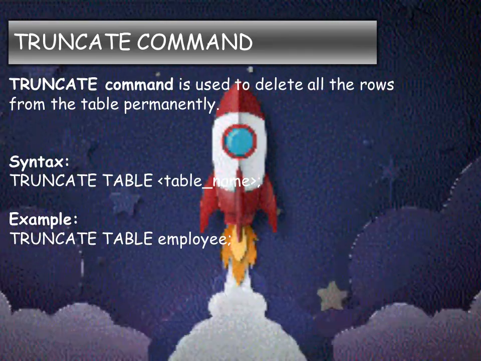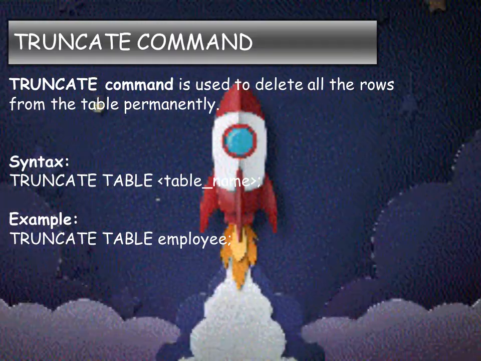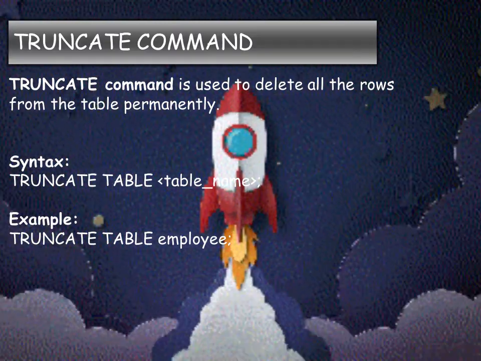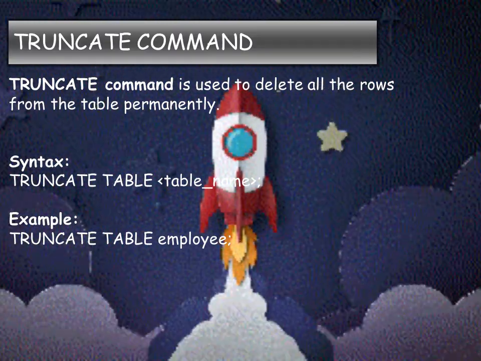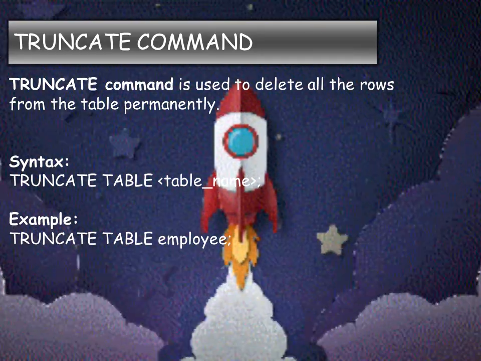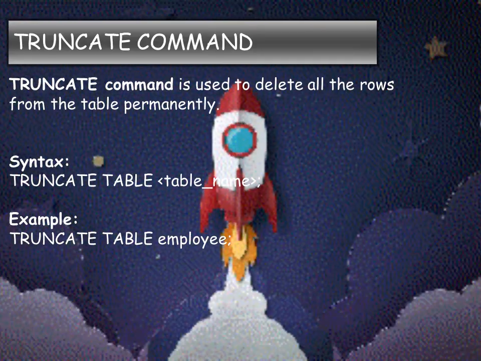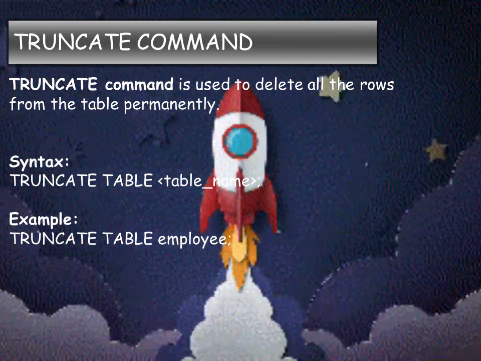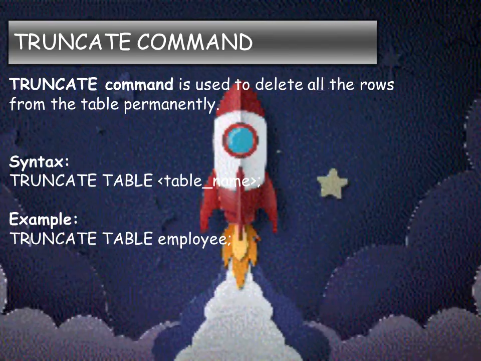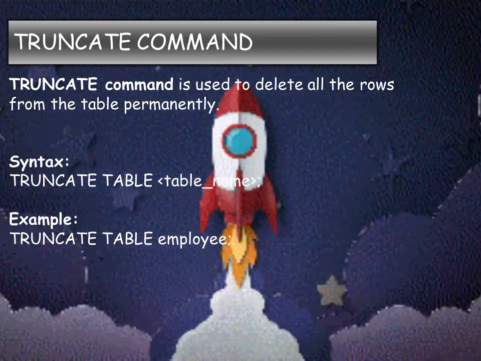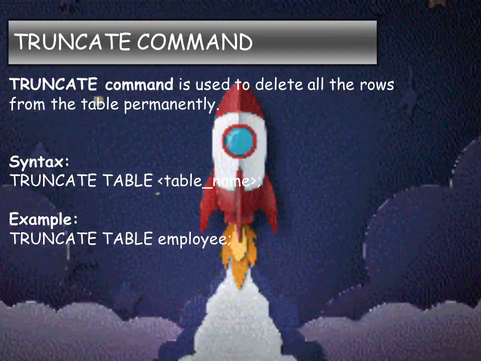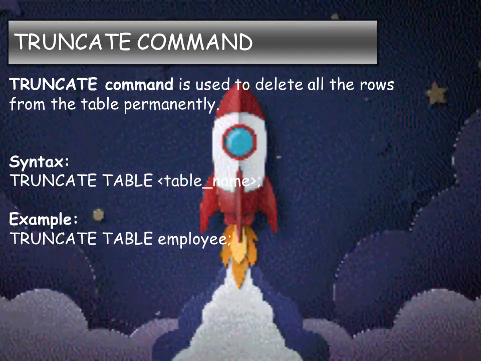The empty table, which we call the structure of the table, will still be available in the database if you use the truncate command. But if you use the drop command, then along with the table structure, the data will also be deleted. Both will be deleted in case of the drop command.